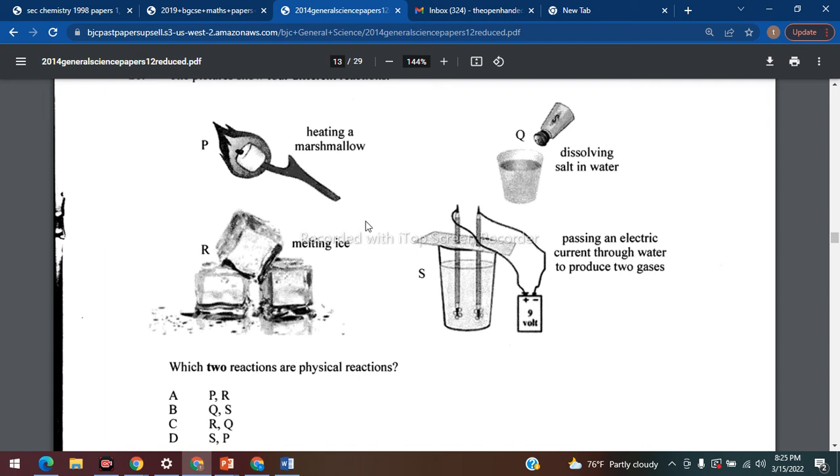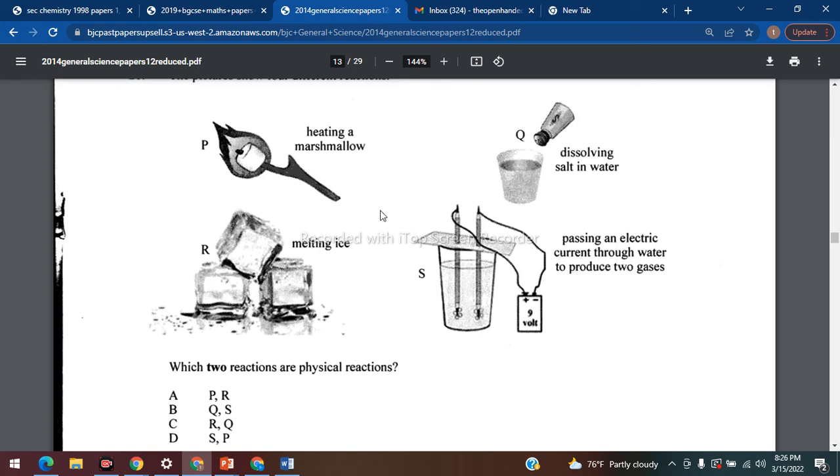And again, with these two, no new substance is formed. But when you heat a marshmallow, you can't reverse that. When you heat it and it's fried, you can't undo that. It's burnt. The same thing goes for passing a current through water to produce two new gases. When you're producing something new, it's a chemical change.